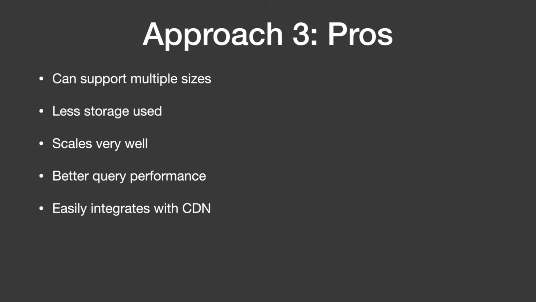And AWS S3 has a very easy integration with a lot of CDNs like Cloudflare and Akamai and a few others. We're going to take a look at a later slide how you can integrate CDN very easily if you're storing your images in S3.